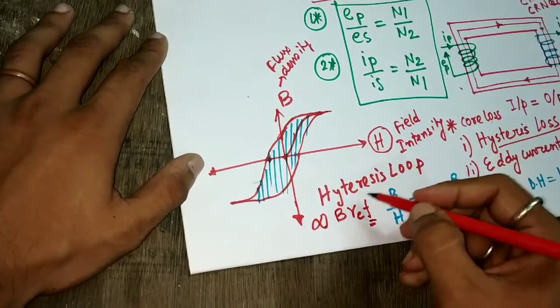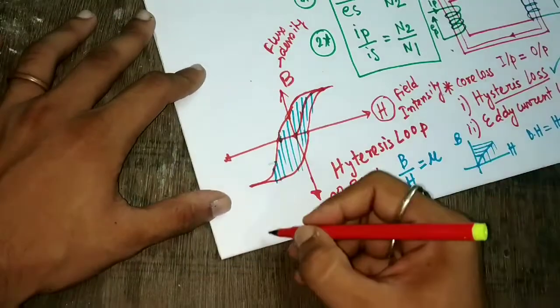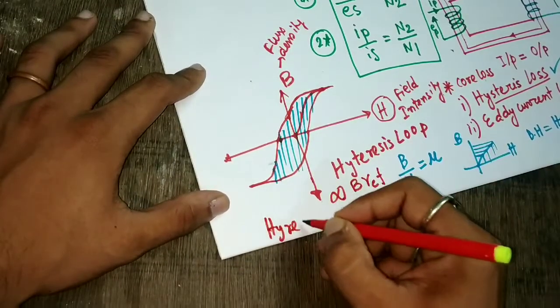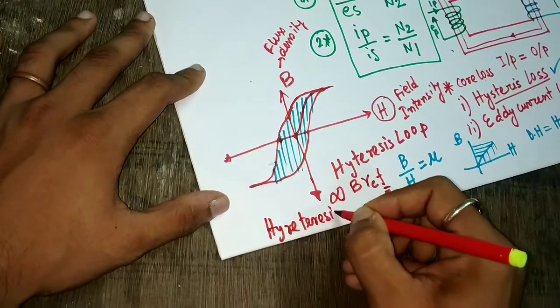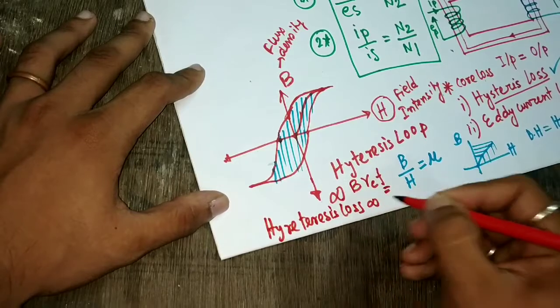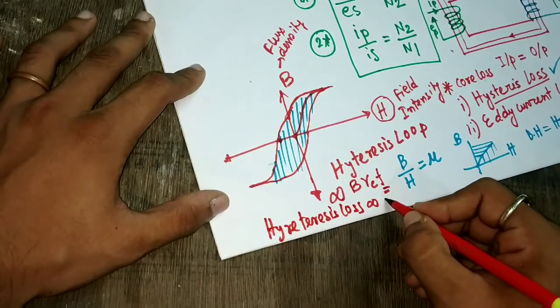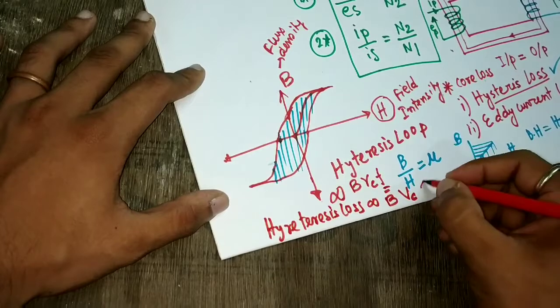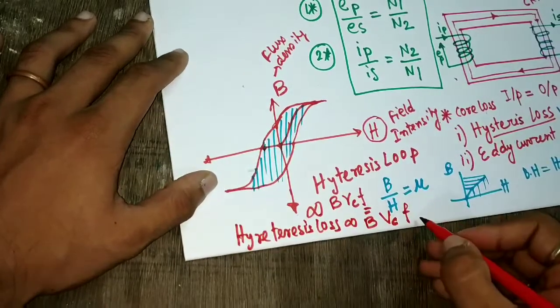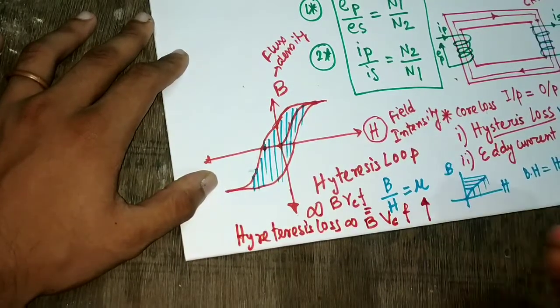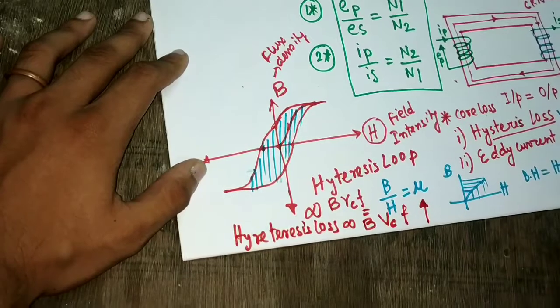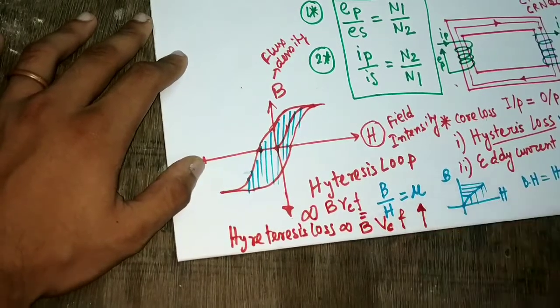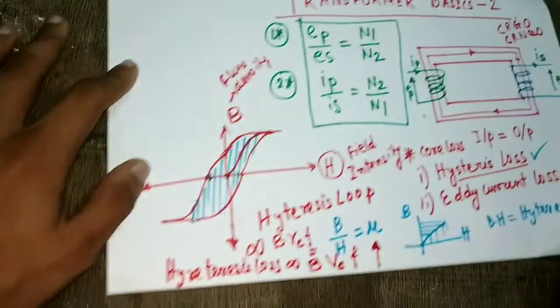So this hysteresis loss is proportional to B, core volume, and frequency. As the core volume increases, the hysteresis loss also increases. As the frequency is increased, the hysteresis loss is also increased.